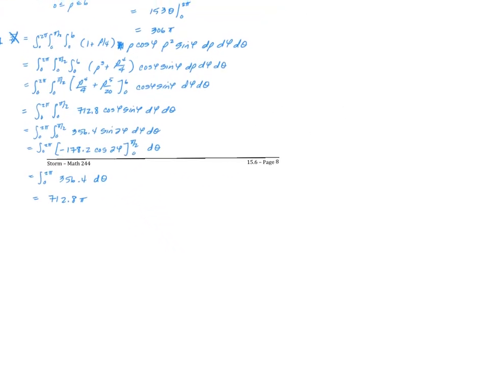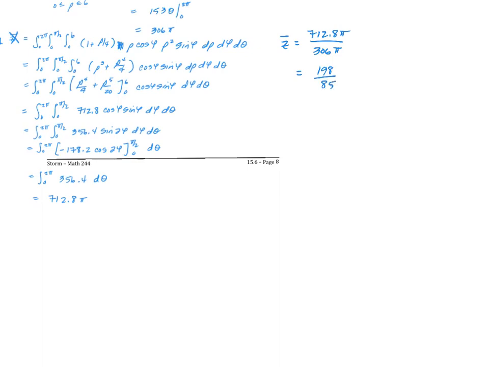So let's go off to the side here. Z bar is equal to 712.8 pi divided by 306 pi. I'll put that in a calculator. The pi's cancel. I'll end up with 198 over 85 if I reduce things nicely.